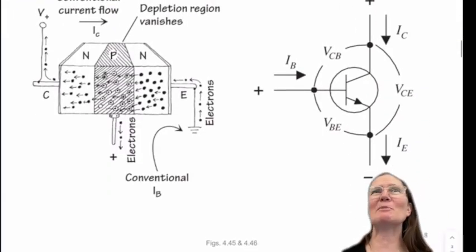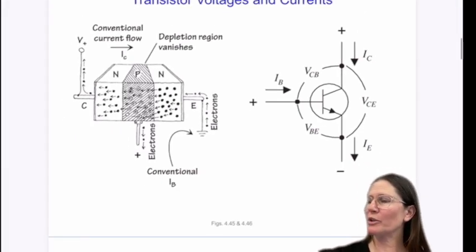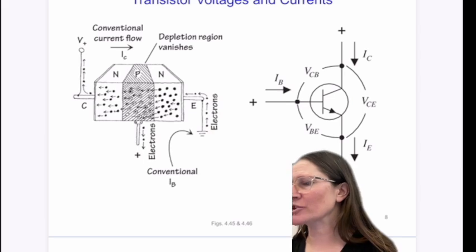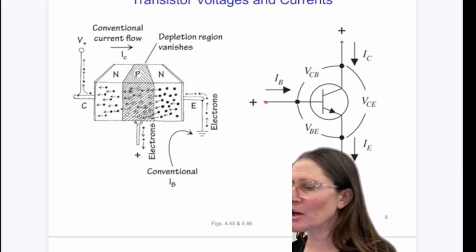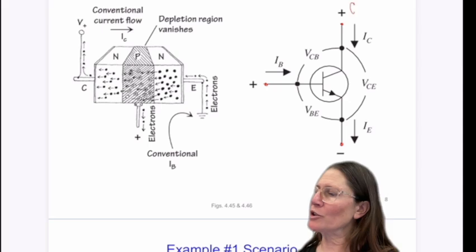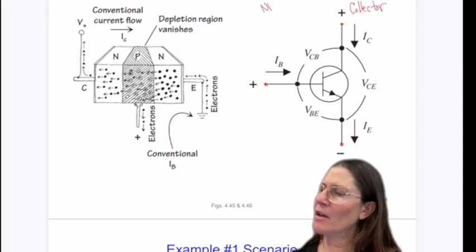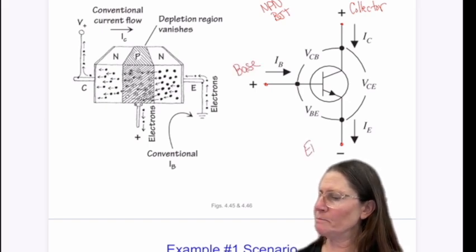So this is a BJT. It has three connections to it. You have a connection there, a connection here, and a connection here. This is called your collector. This one is called your base, and this one is called your emitter.